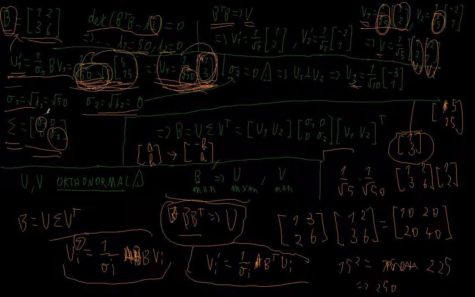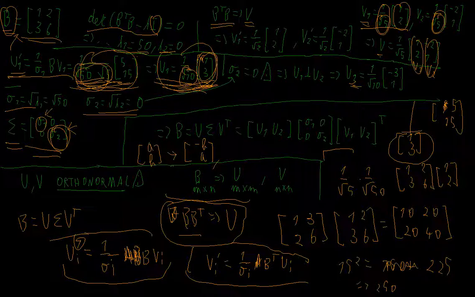Remember the biggest singular value first, so square root of 50 is first, and then the lowest singular value as second element, so 0 here. Biggest first, and then the second biggest until you reach the end where the smallest one will be.